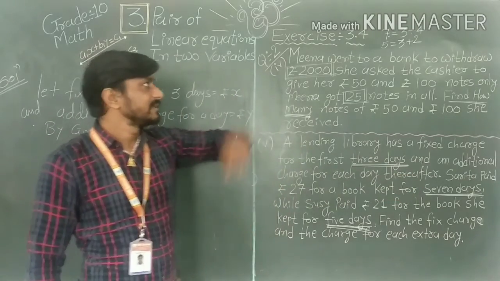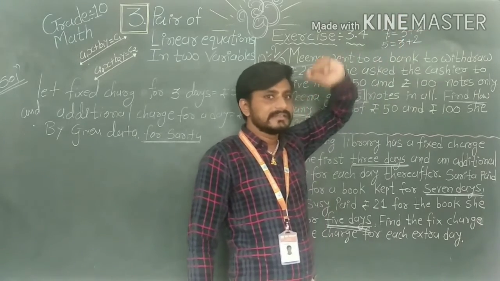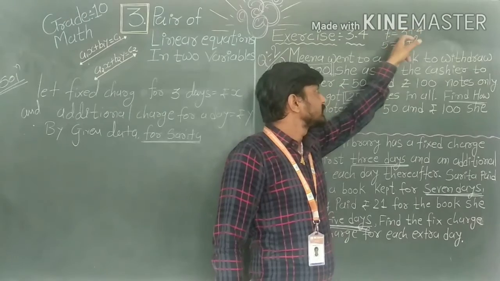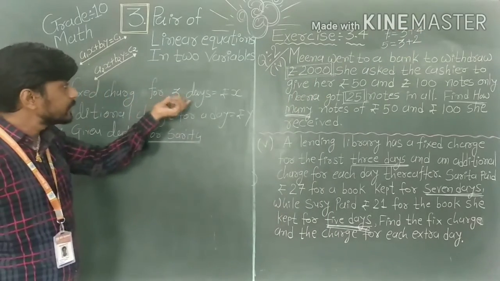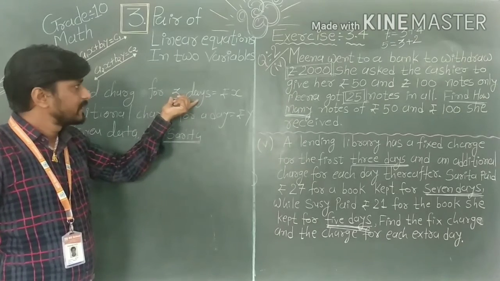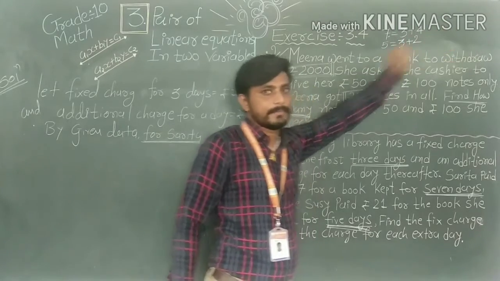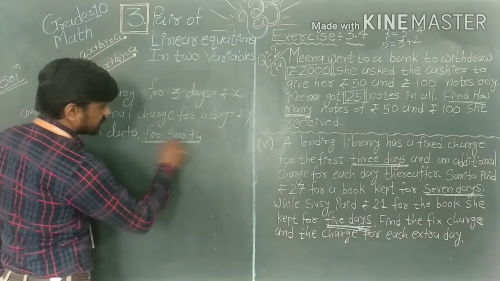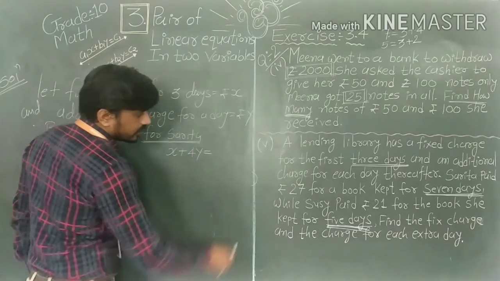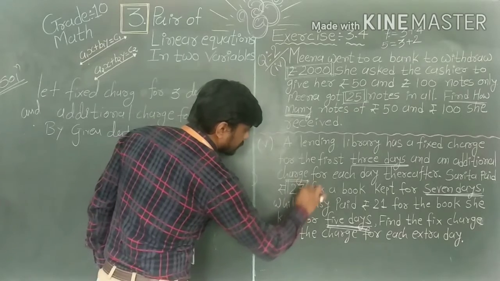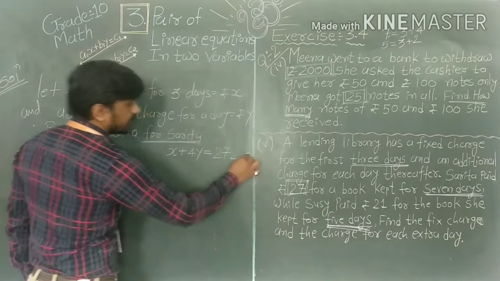In 7 days, there are 3 fixed charge days and 4 additional days. Here X is already the charge including 3 days, not a single day. That means I write X plus 4Y. Therefore, for Sarita, X plus 4Y is equal to 27. This is equation number 1.